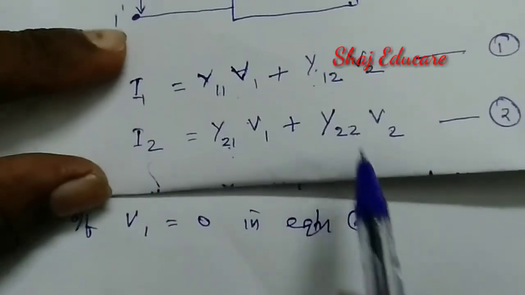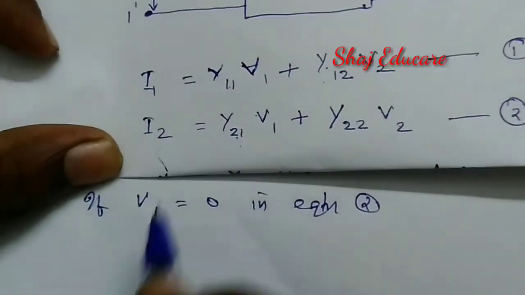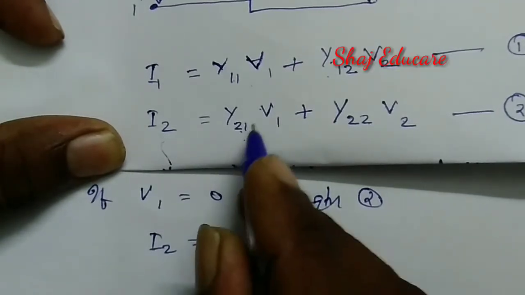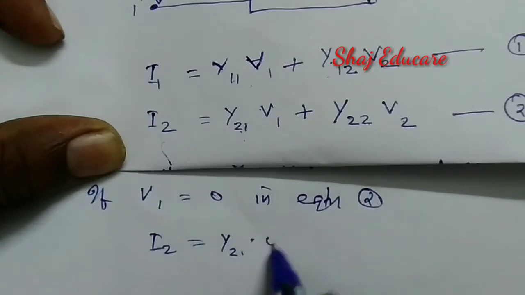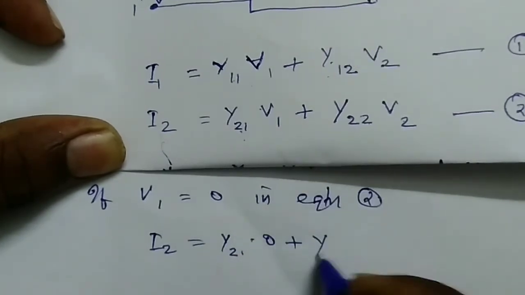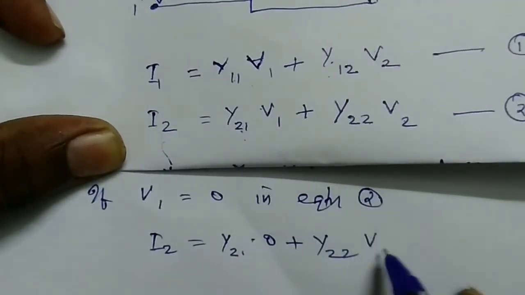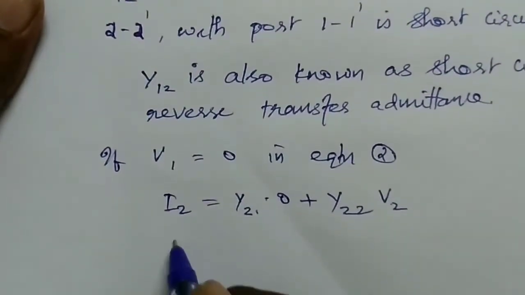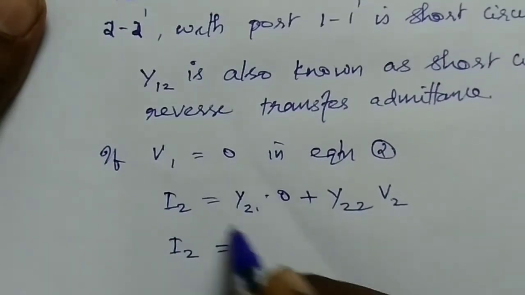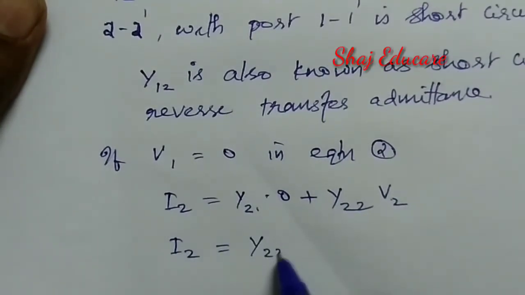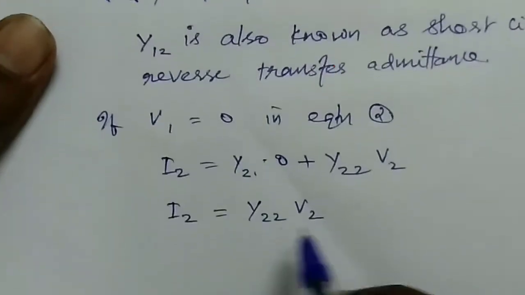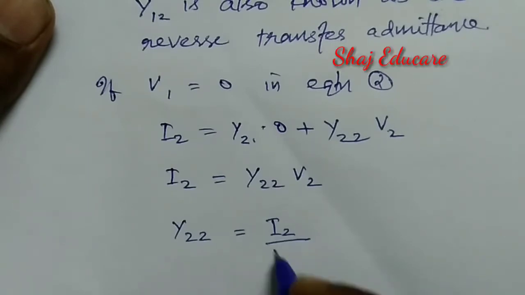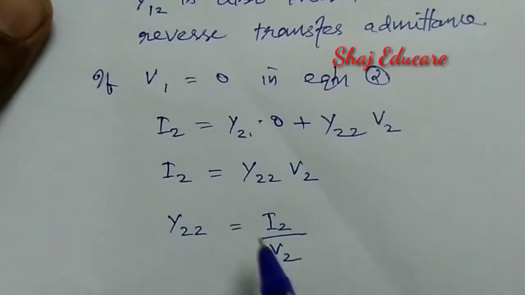This is equation number 2, and I2 is equal to y21 into V1. What is V1? That is 0. Then followed by plus y22 into V2. Then the entire first term will vanish, and the remaining term will be I2 is equal to y22 V2. So y22 will be equal to I2 divided by V2.